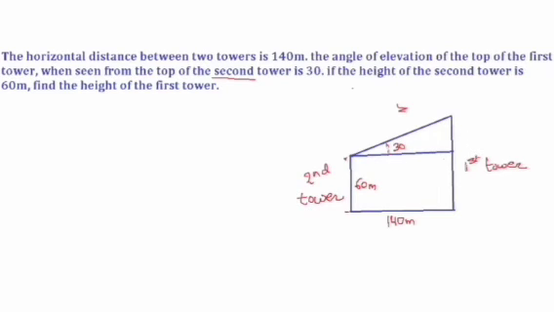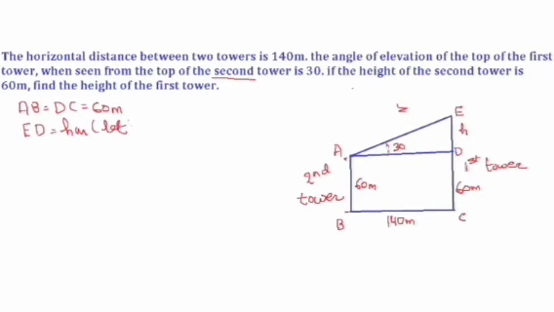So if this part is 60, let us name this as A, B, C, D, E. So if AB is 60, DC will be 60. So from here I can write if AB is 60, then DC will also be 60 meters. Now let us take that ED is H. Okay, this is 60 meter. So ED, we can suppose that it is H meter.